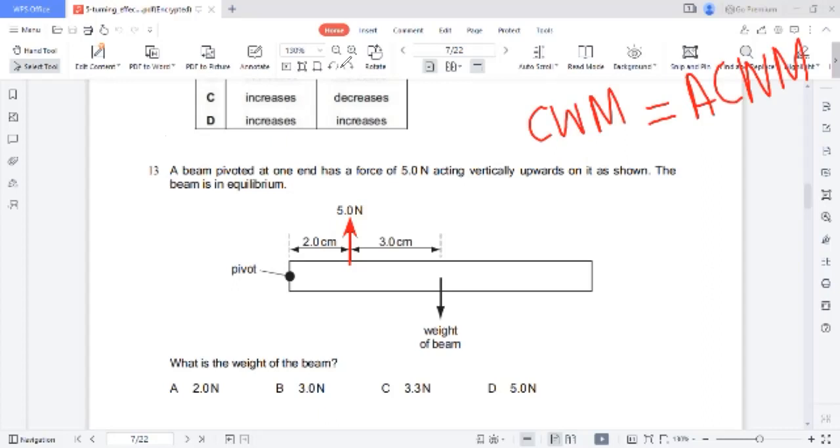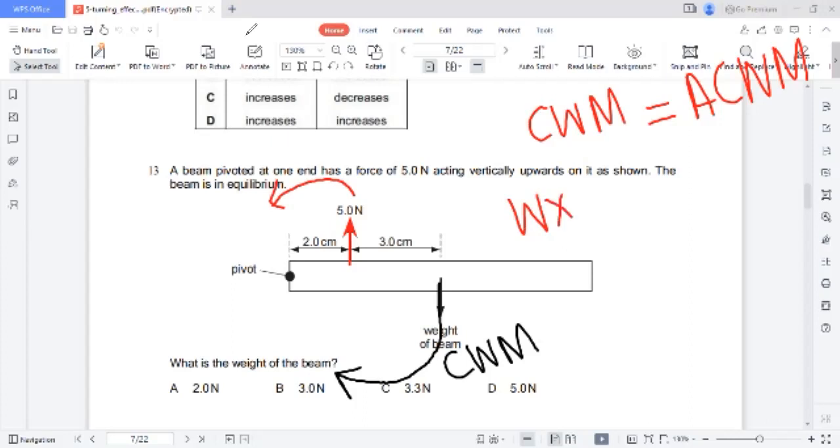The clockwise moment is generated by the weight. So this weight is responsible for the clockwise moment, and this one is responsible for the anti-clockwise moment. For the clockwise moment, we have the force, which is the weight. We don't know about it. And the length is 3 centimeters plus 2 centimeters. This is 5 centimeters.